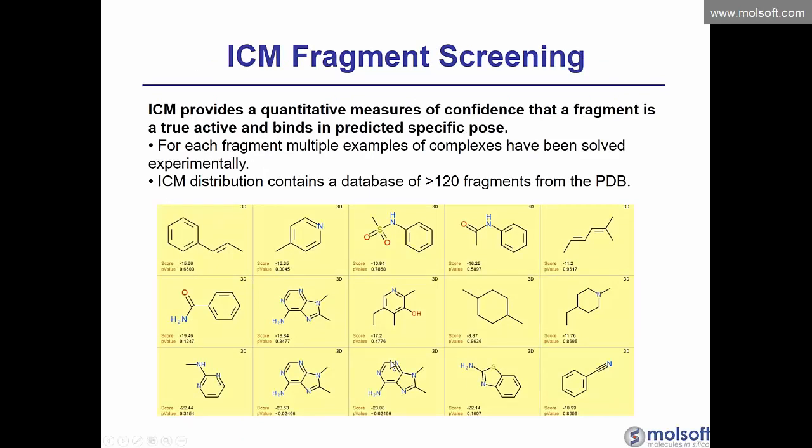So in ICM, we provide a database of fragments, which I'm going to show in a minute. Because our fragment database is relatively small, it has been possible to pre-validate the scoring individually for each member of the library. This allows us to estimate sensitivity and specificity.